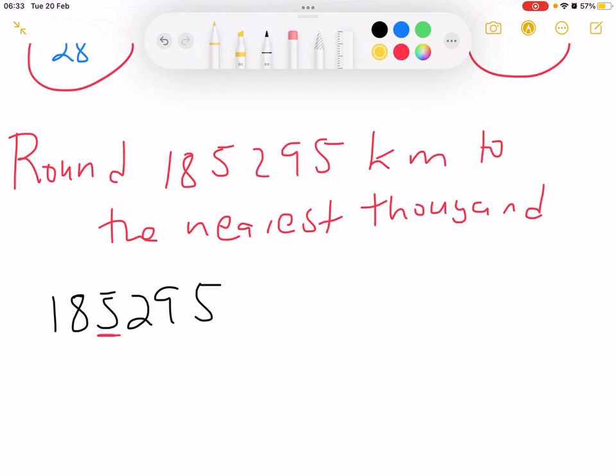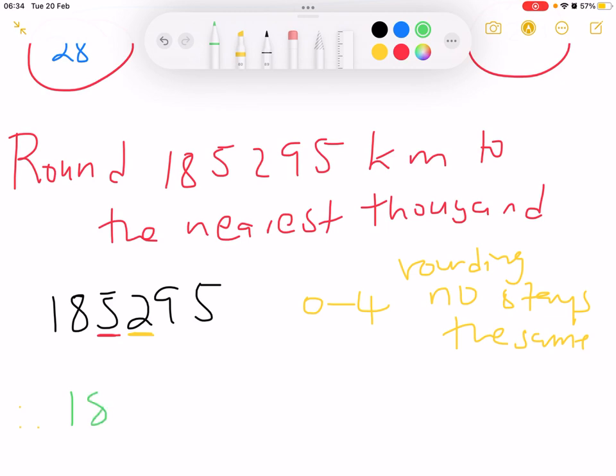The number next to it is a 2, and 2 is found between 0 and 4, so a rounding number stays the same. And therefore, we can conclude that rounding this to the nearest 1,000 is 185,000.